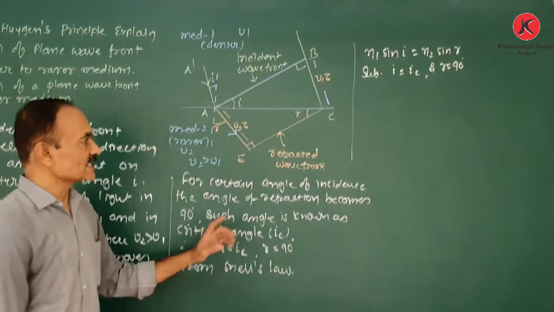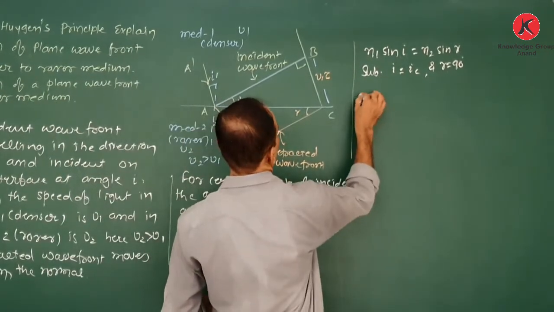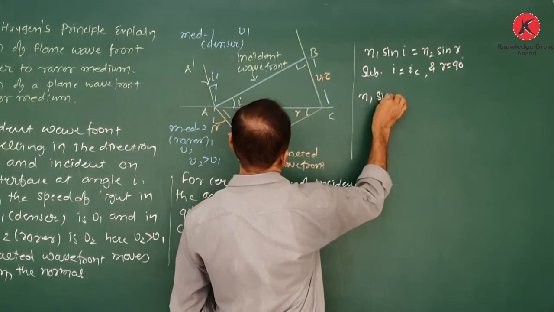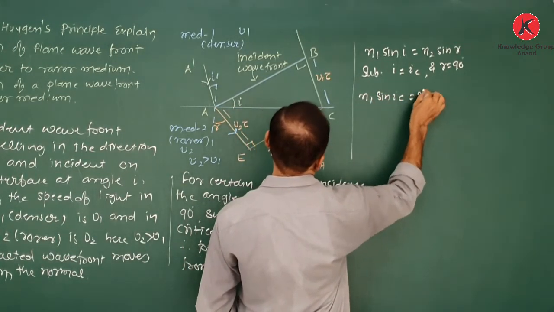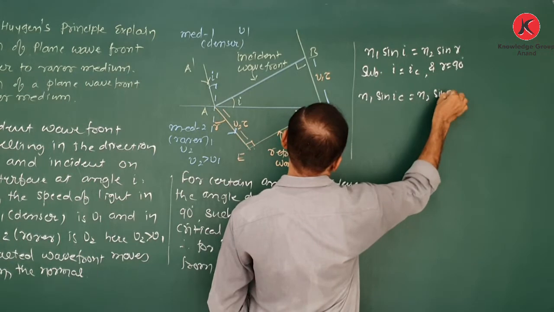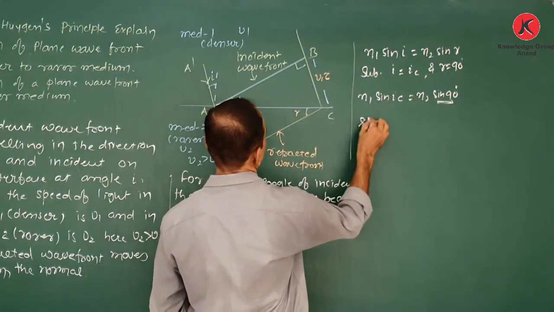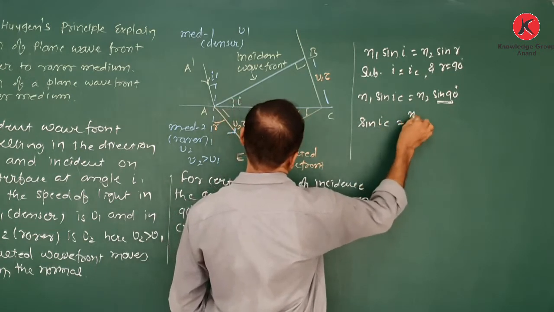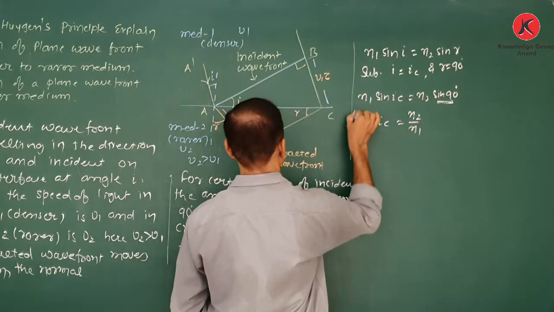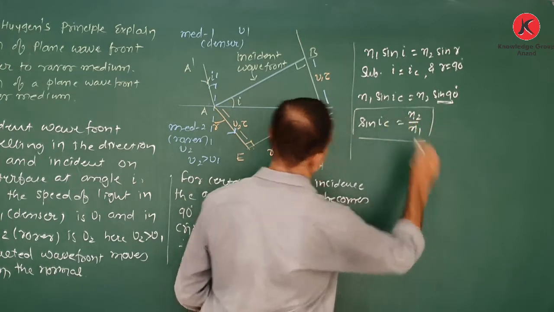We substitute this condition. Therefore, N1 sin IC is equal to N2 sin 90. Sin 90 is 1. Therefore, sin IC is equal to N2 upon N1.